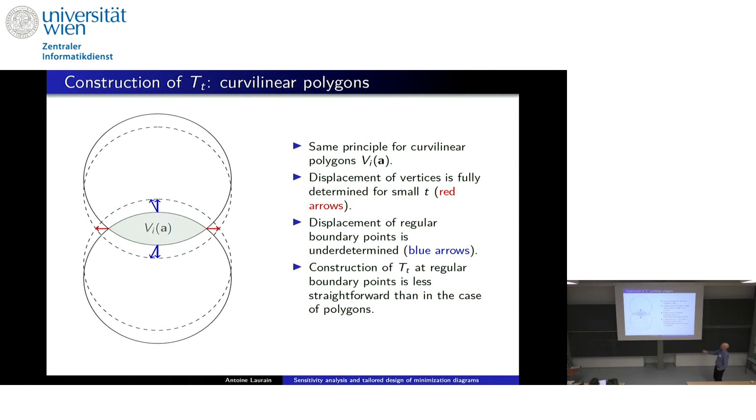So let's say I have the intersection of two disks, which is my cell VI. This is like a curvilinear polygon. And you can see that the motion of the vertex is prescribed if your shape is parameterized. So you can determine this theta at the vertex just applying the implicit function theorem typically.